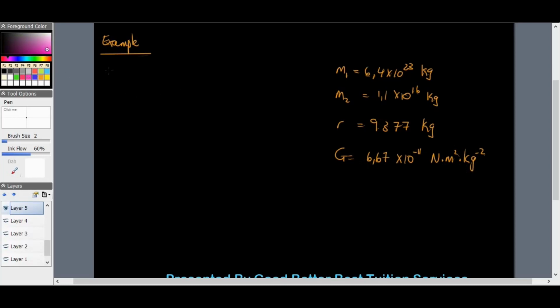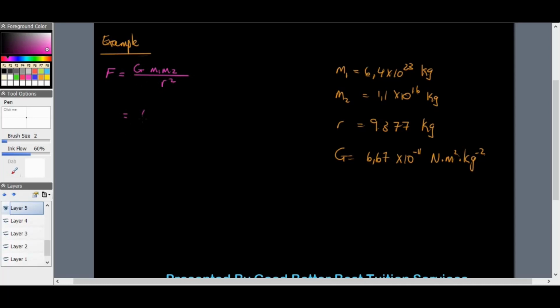Switch up the color slightly. F is equal to capital G, M1, M2, all over R squared. Alright, cool.